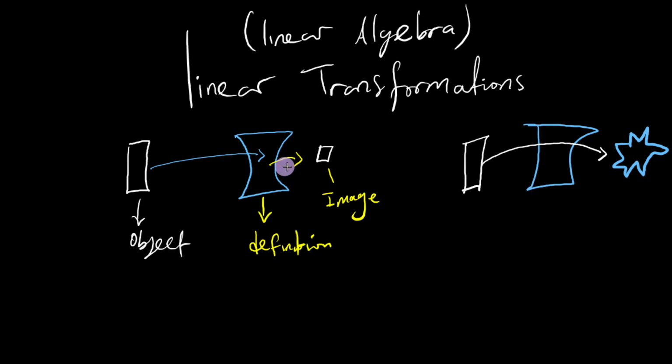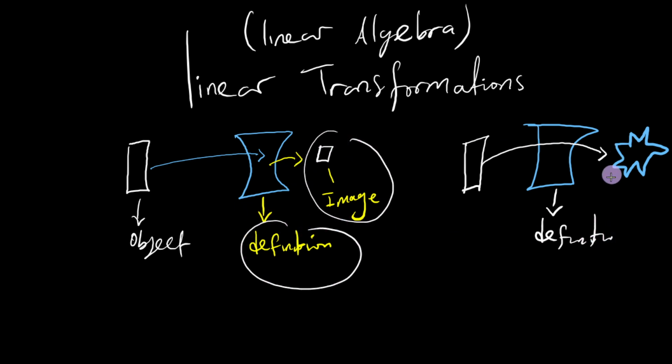Now, in this topic, we are going to be looking at definitions given. So there is a definition here governing this transformation, there is also a definition here governing this transformation, and a definition here governing this transformation.